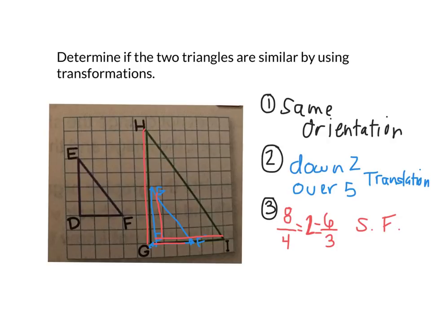So if I were asked to determine if these two triangles are similar by using transformations, I would say yes, because if I translate triangle EDF down and over 5, and then dilate it by a scale factor of 2, I will have my new triangle HGI.